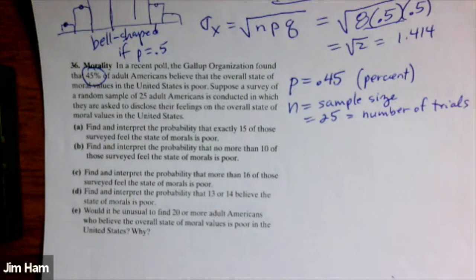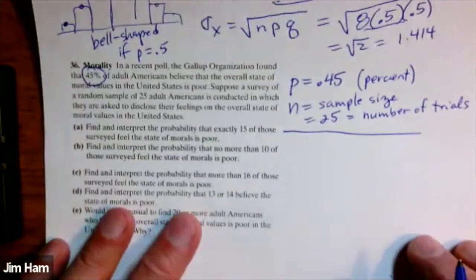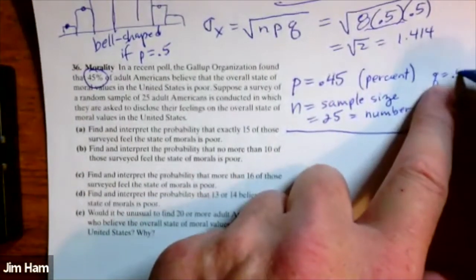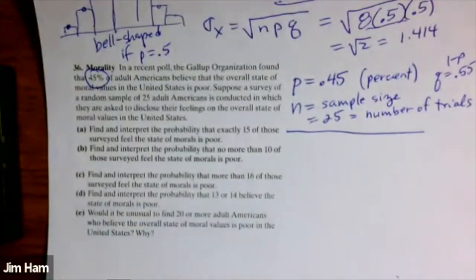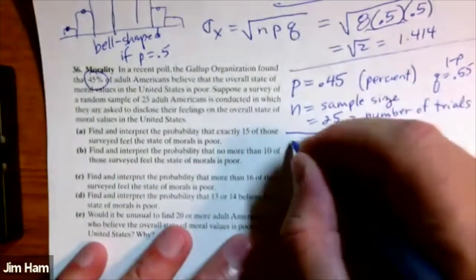You either think that the moral values are poor or you think that they're not. So there are two outcomes, so this is a binomial setting. Let's answer the questions. The other preliminary thing that you'd want to do is maybe to calculate q, and that's 1 minus p. So 1 minus 0.45 would be 0.55.